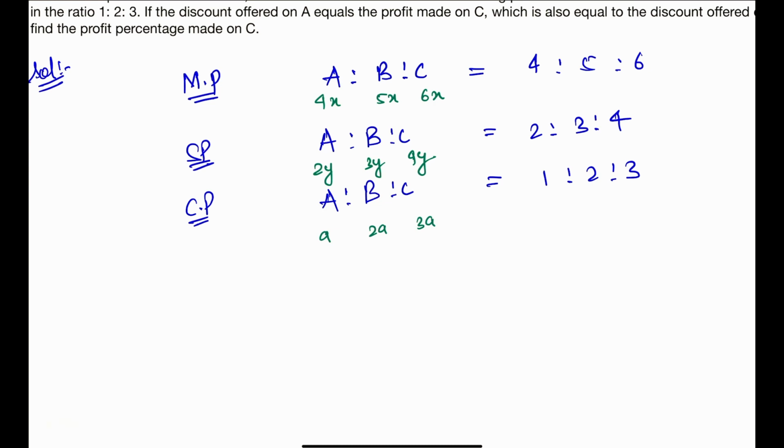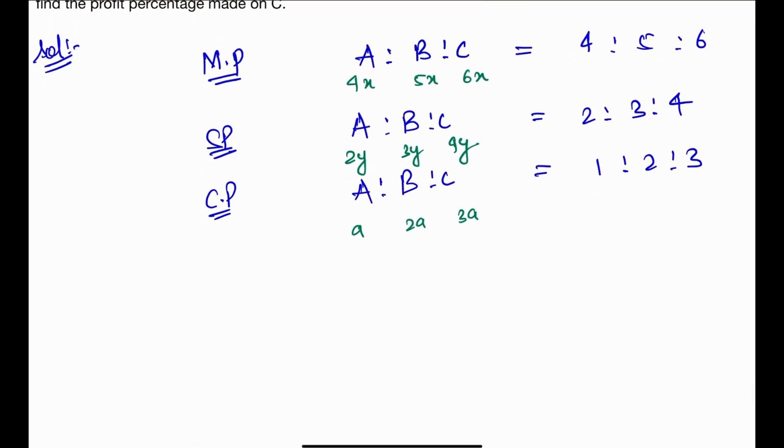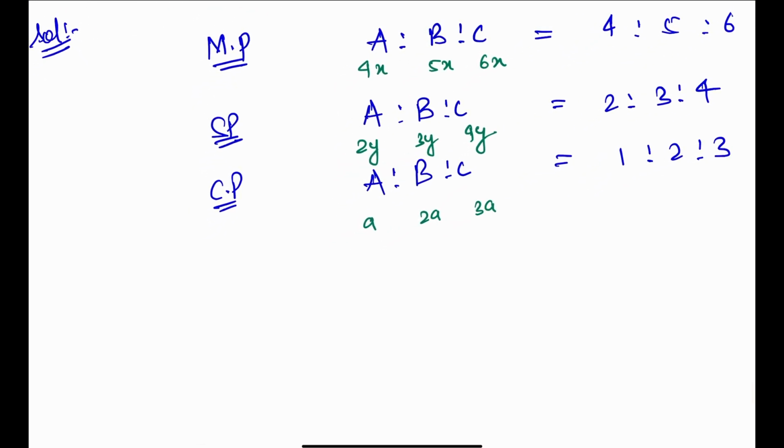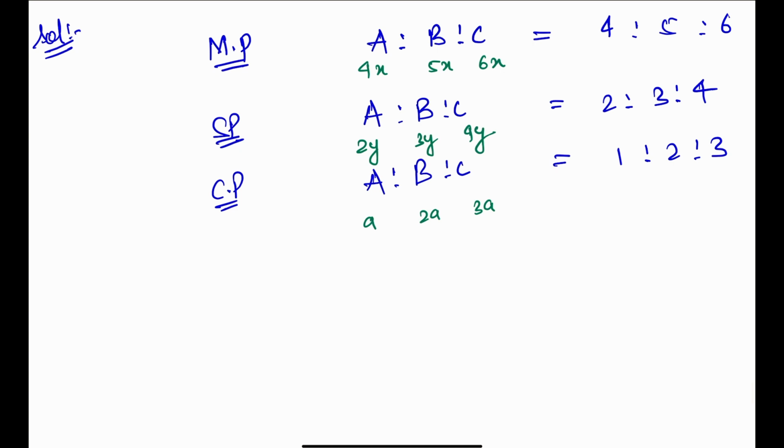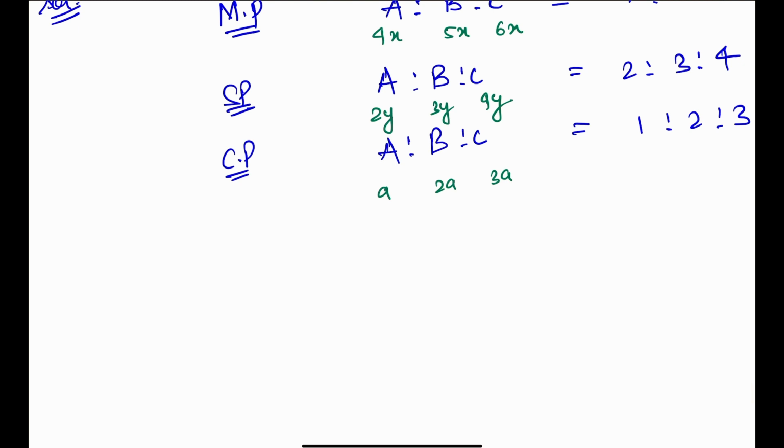how much is the discount offered on A? So discount is marked price minus selling price, so 4x minus 2y.